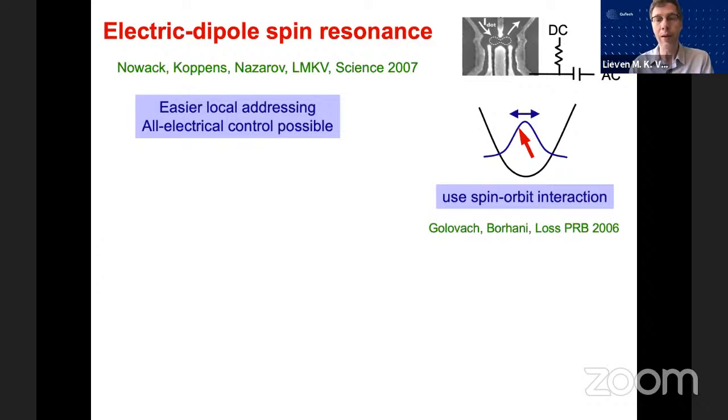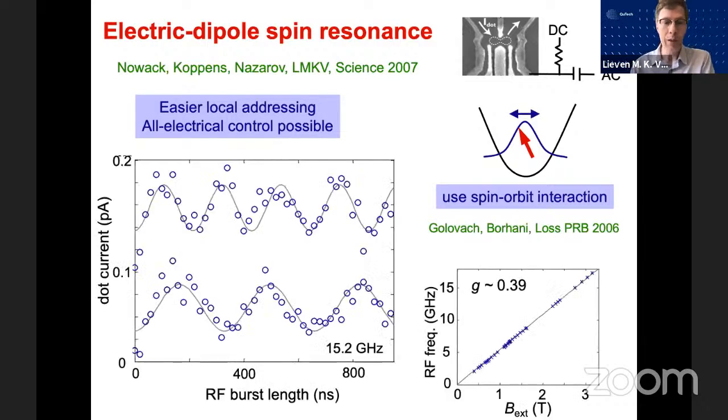If you apply that oscillation at the right frequency, you get a magnetic resonance condition effectively, and we can again get Rabi oscillations. It's quite remarkable that the Rabi oscillations were almost as fast as with direct magnetic driving. This method is still used today as well.